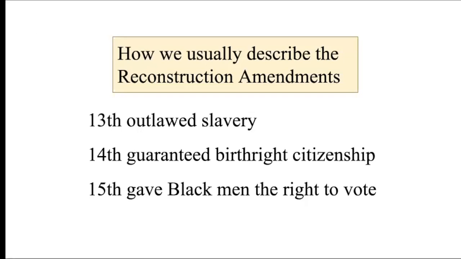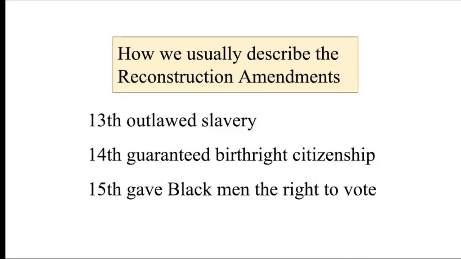The Reconstruction Amendments are the 13th, 14th, and 15th Amendments to the U.S. Constitution. You can see the effort to guarantee Black people's civil rights in the face of resistance from white Southerners and Andrew Johnson. The 13th Amendment outlawed slavery. The white South met it with Black codes. The 14th Amendment made it clear that Black Americans were citizens and should have the rights of citizenship.